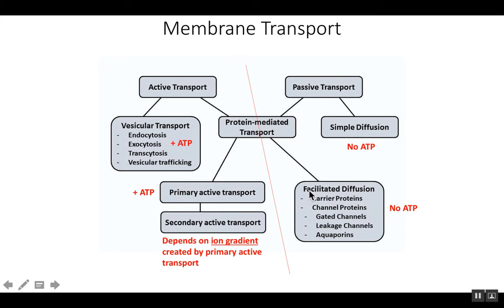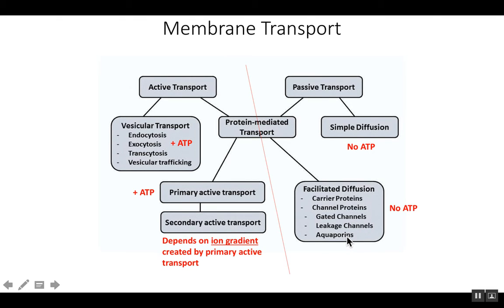If you look at that word facilitated, when you facilitate something, you help it. Facilitated diffusion is when the molecule needs help going through the membrane. What helps that diffusion? Carrier proteins, channel proteins, gated channels, leakage channels, or aquaporins.